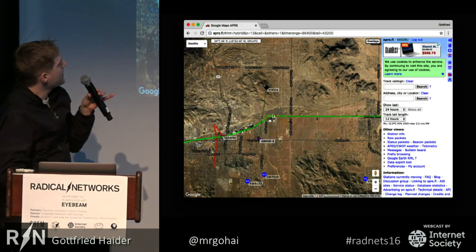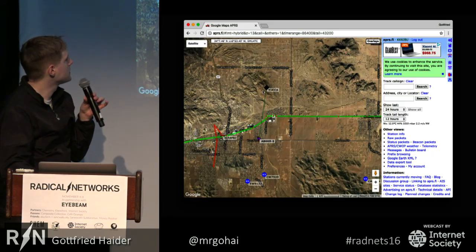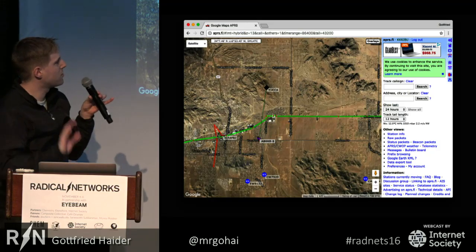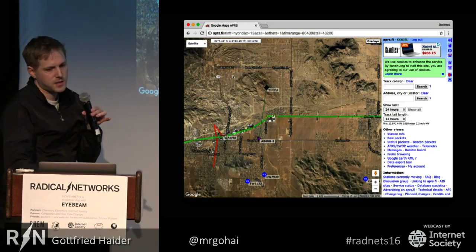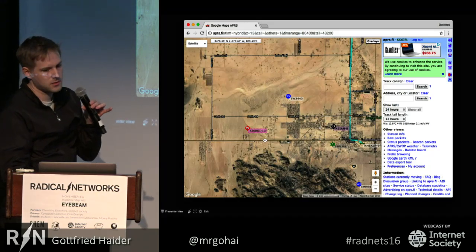Hitting this repeater station would, in my case, be the most important. And there are people with cars that drive around and transmit their coordinates via the system. A little bit further east, there's also different other infrastructure in the desert.